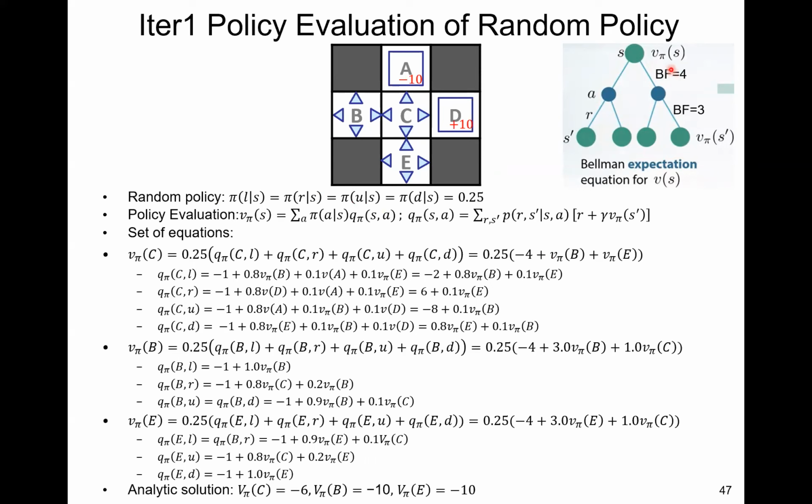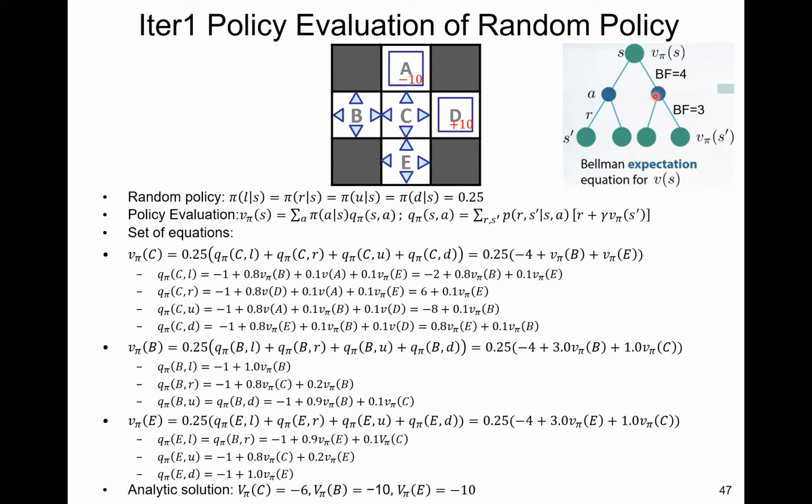Now look at the backup diagram. From a state, you have a branching factor of 4, but from a state action node, you have a branching factor of 3, representing the 3 possible directions that the agent may move because of the environmental uncertainty.